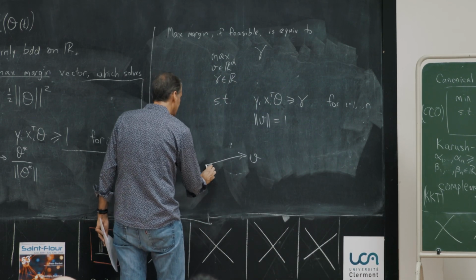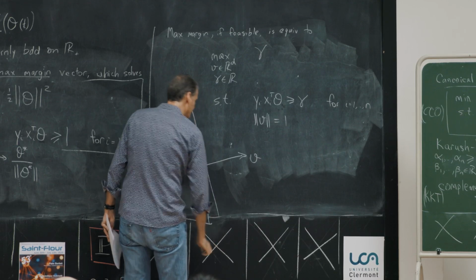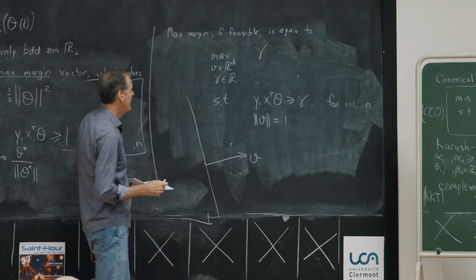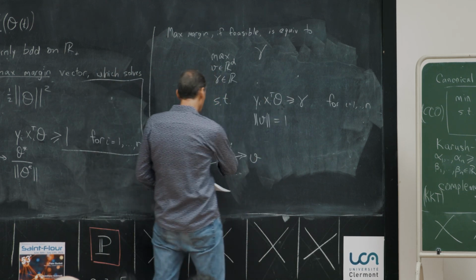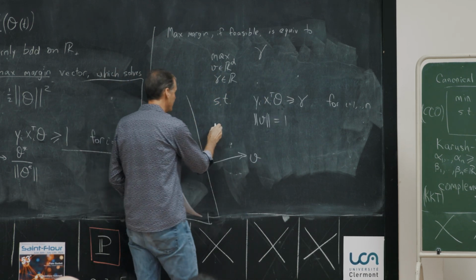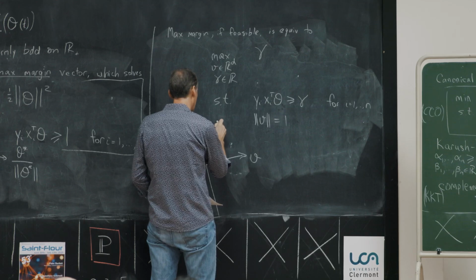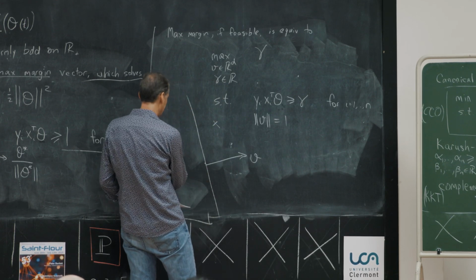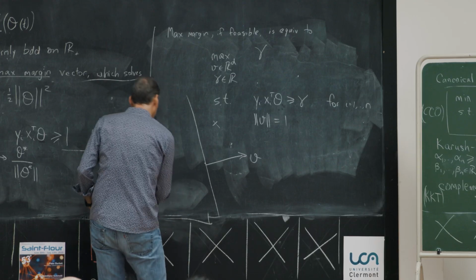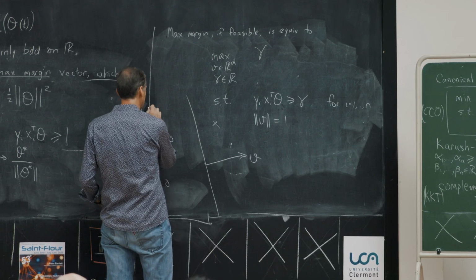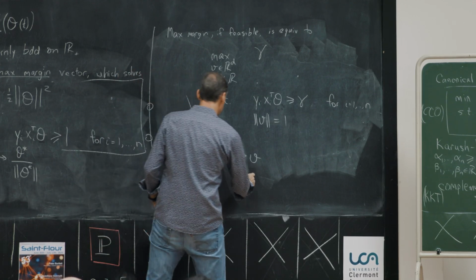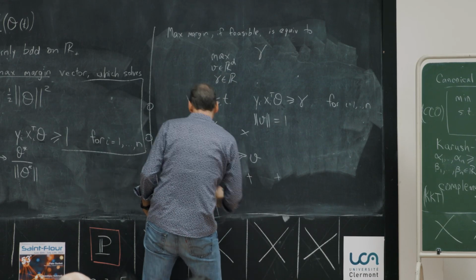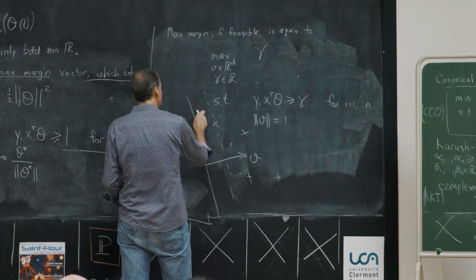So our unit vector defines a linear classifier. And we're trying to choose the direction so that, if our data looks something like this, these are the negatives, and these are the positives, then that's the direction that gives us the maximum gamma.